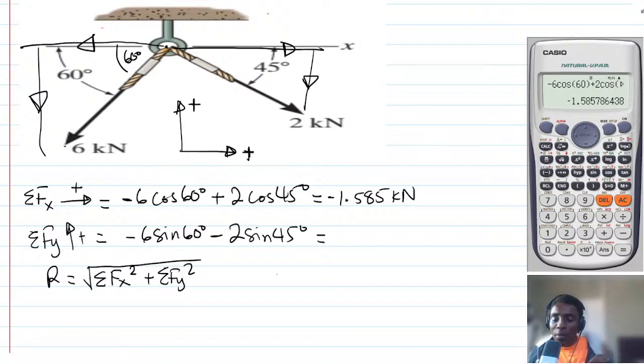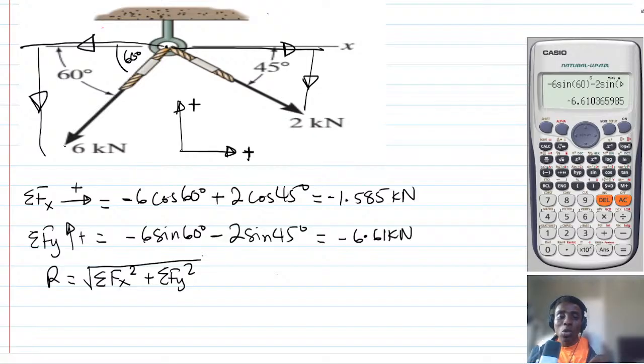Then you look at the other one. So minus 6 sine 60 minus 2 sine 45. That's minus 6.61 kilonewtons.